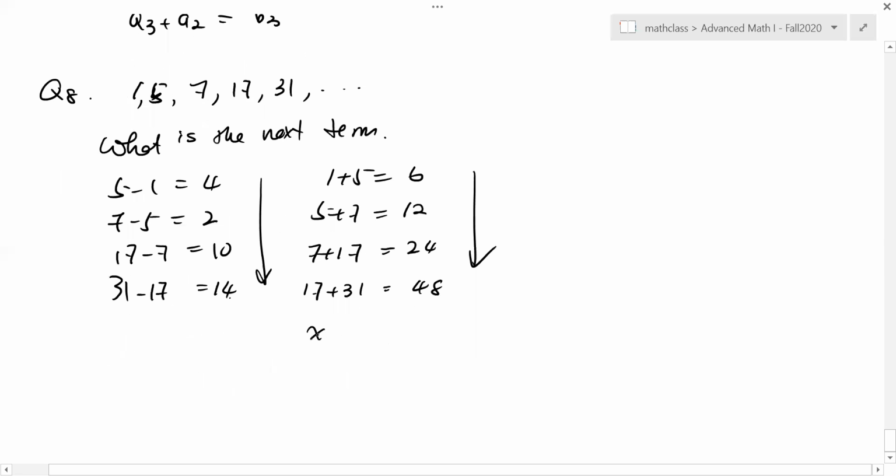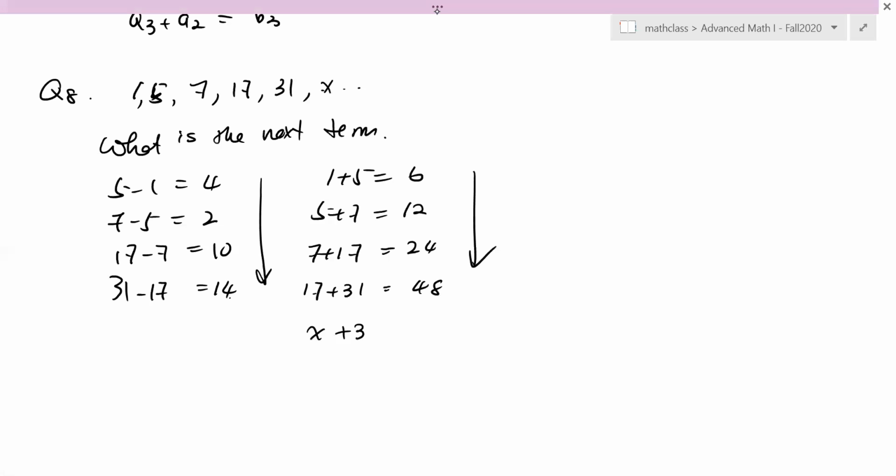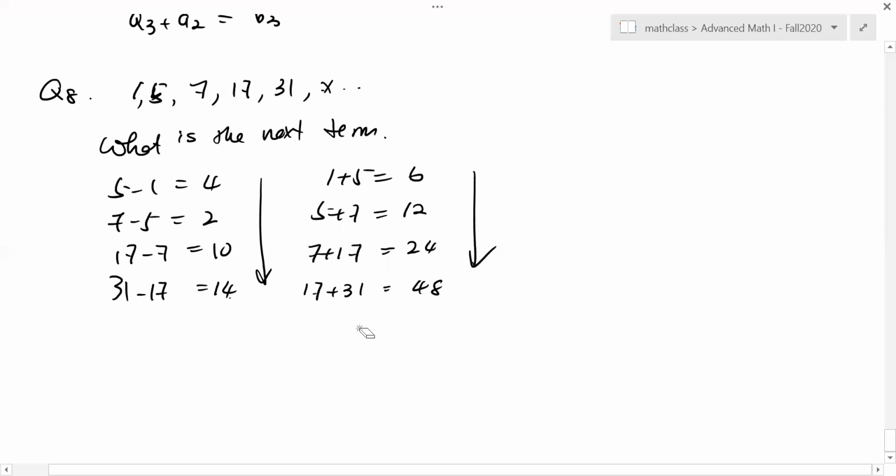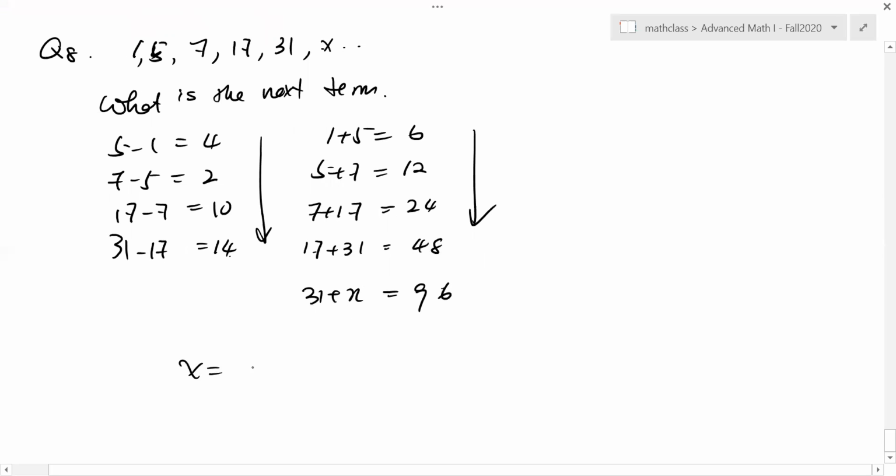So if I put x here, x plus the next term, 31 plus x, should be equal to double 48, right? Every time it is double. 48 times 2 is 96. So x is going to be 96 minus 31, that's 65. So the answer is 65.